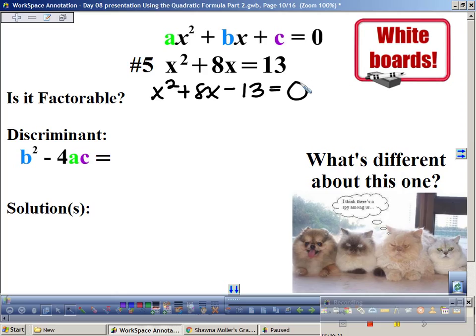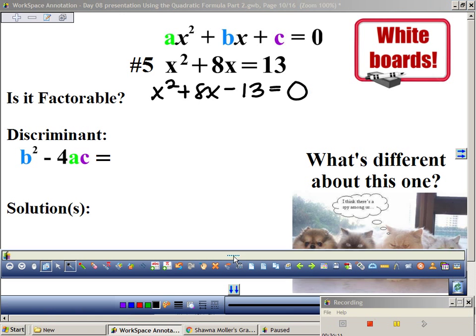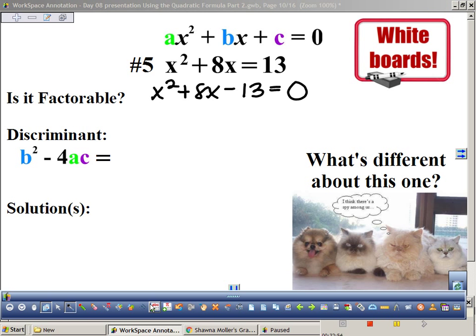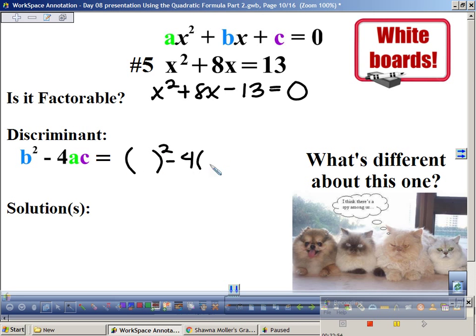Okay, so now all I want you guys to do on your whiteboards is find the discriminant for me first, because I want to make sure we all have the same answer before we move on. Okay, Lucas got really excited right now. I have my b squared minus 4ac.